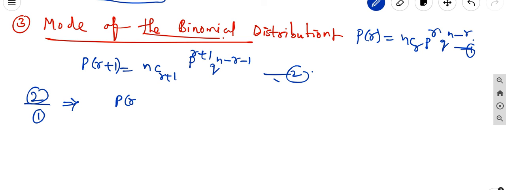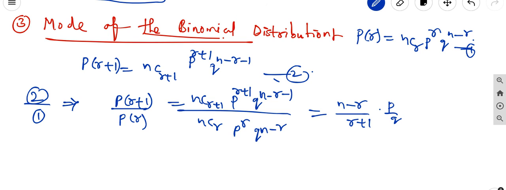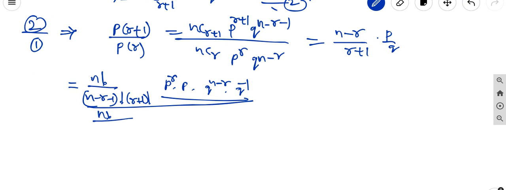From this, P of R plus 1 by P of R is equal to NCR plus 1 P power R plus 1 Q power n minus R minus 1 by NCR P power R Q power n minus R. This is equal to n minus R by R plus 1 into P by Q, because here we can take n factorial by n minus R minus 1 factorial into R plus 1 factorial, P power R into P, Q power n minus R into Q power minus 1, whole by n factorial by n minus R factorial into R factorial.